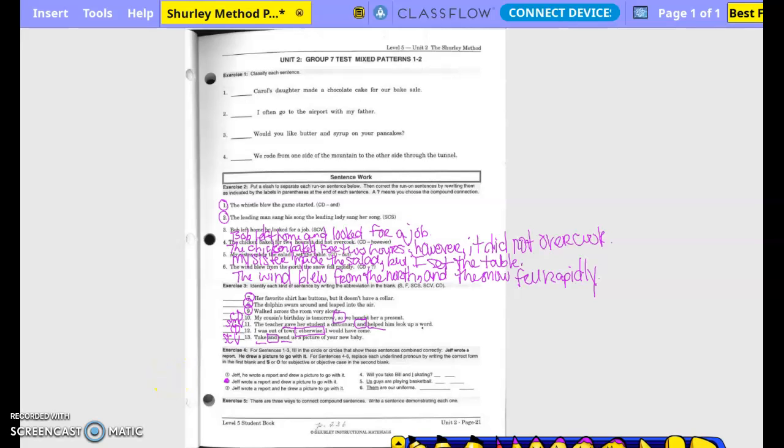So William takes Bill and I skating. So what could we replace I with? Me. And is that objective or subjective? Objective. Us guys are playing basketball. So what could we replace us with? We. Objective or subjective? Subjective, because it's at the beginning, right?